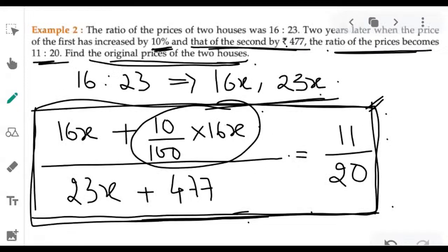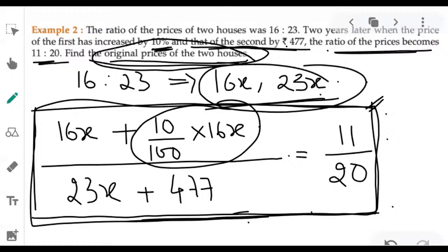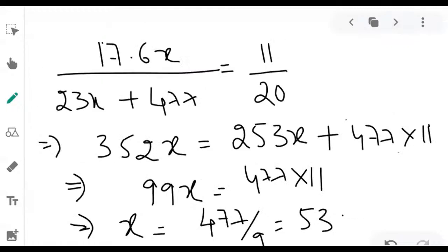But what is he asking for? Find the original prices of the two houses. So that is 16x and 23x. What are the original prices?